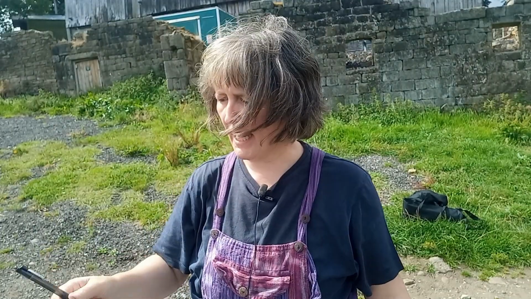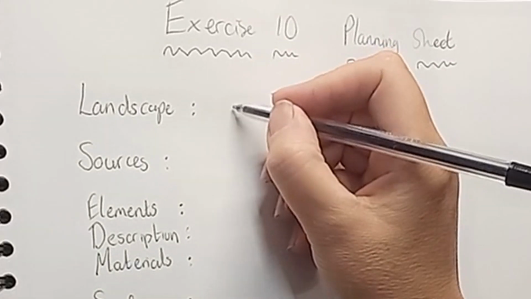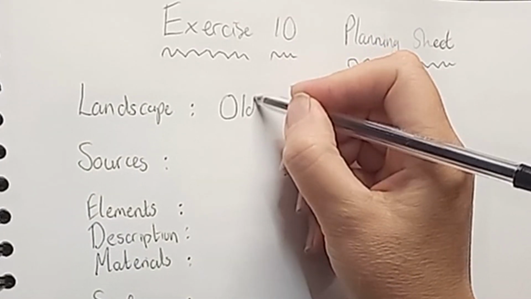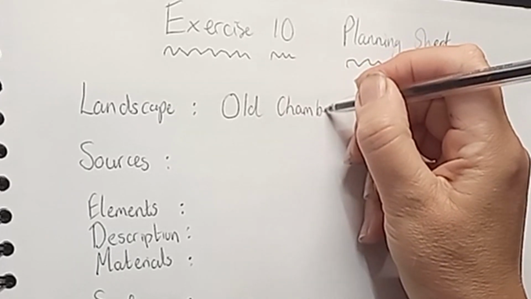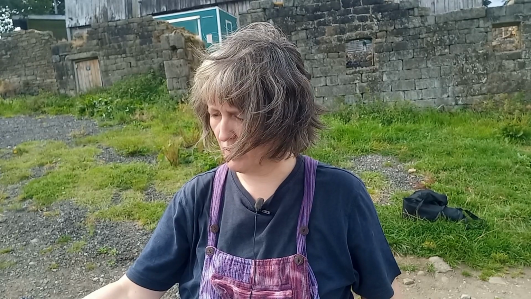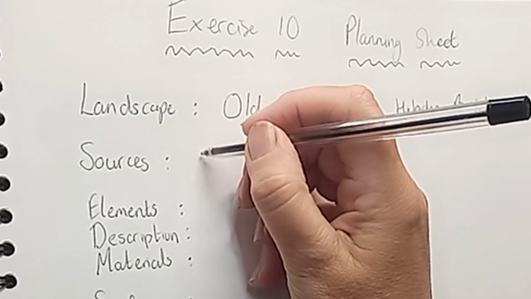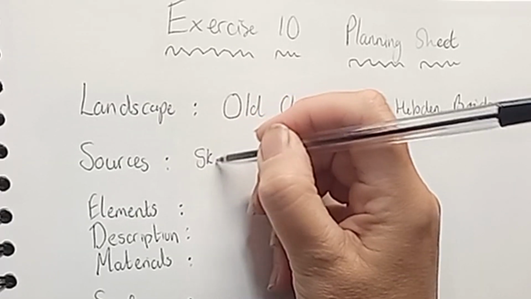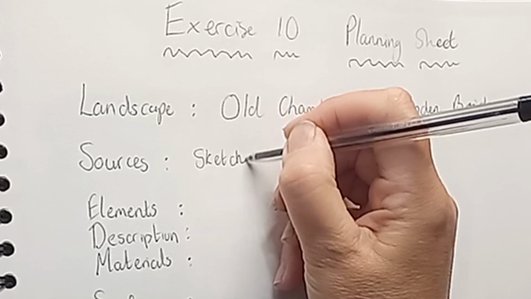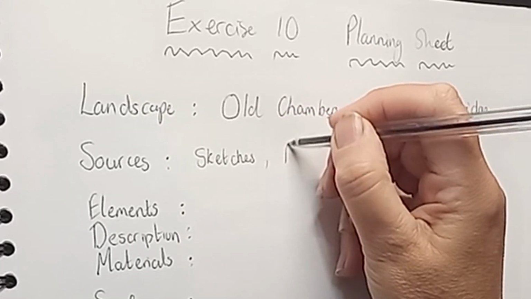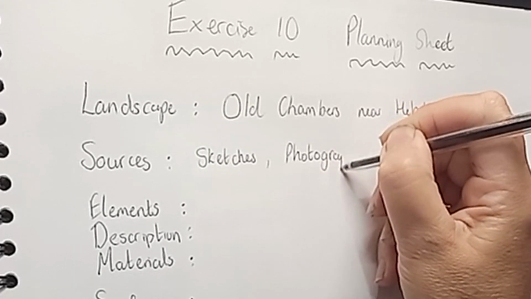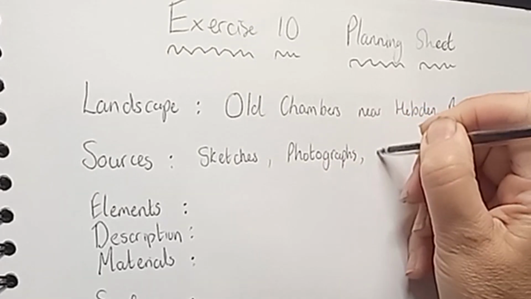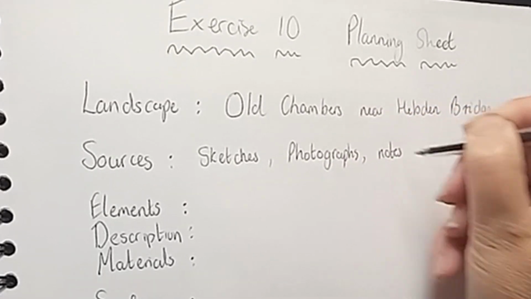Okay, exercise 10 planning sheet. The landscape is Old Chambers near Hebden Bridge. Sources, well, I'm going to be using photographs, I'm going to be using sketches and any additional information, jotting down, that sort of thing.